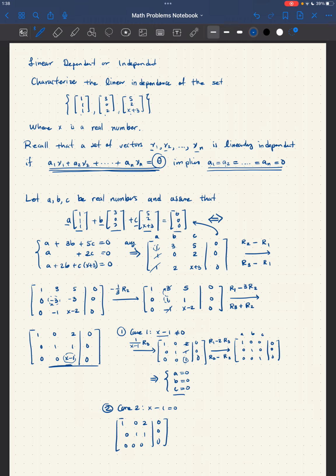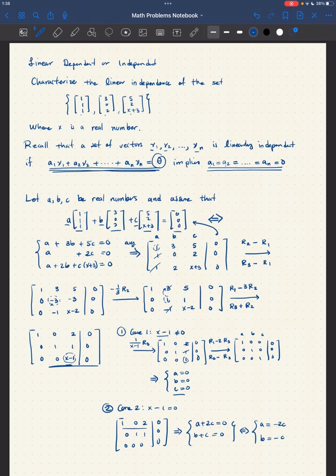Let's recover the system of equations. It indicates that a plus 2c is equal to 0, and that b plus c is equal to 0. In other words, we can put a and b in terms of c. Equivalently, a is equal to negative 2c and b is equal to negative c.